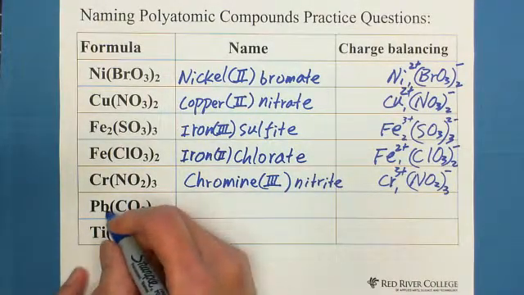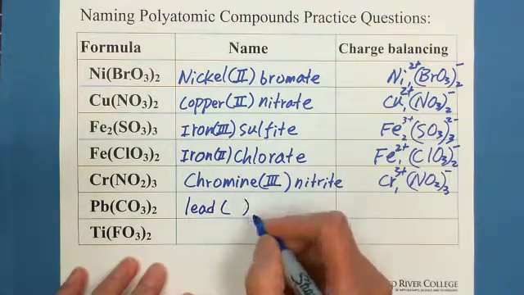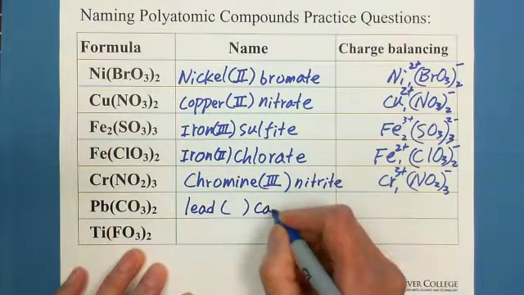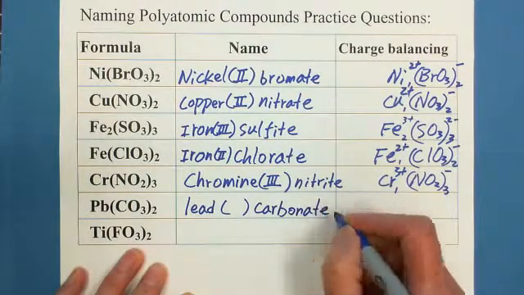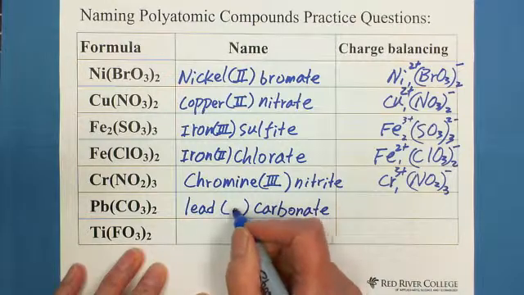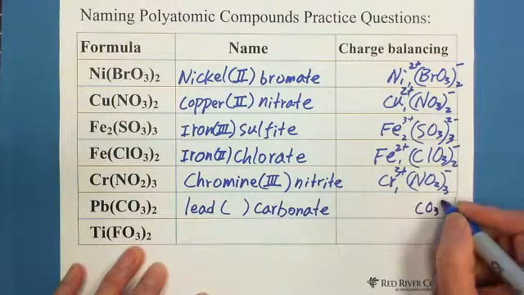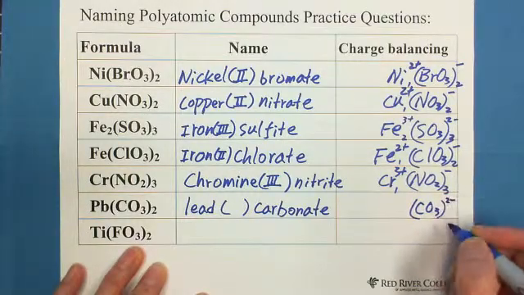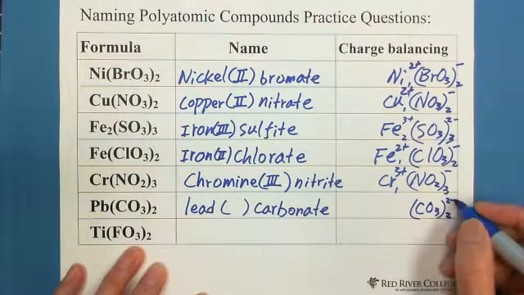And this one, Pb is lead. And this is carbonate. So what is the charge of lead? We can see CO3, the carbonate, has 2 negative charge. Now you have 2 ions, total is -4 charge.